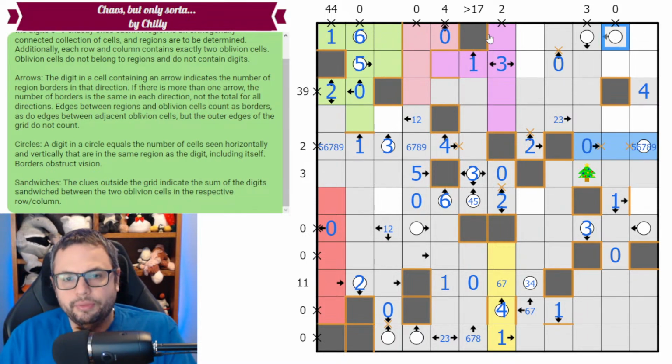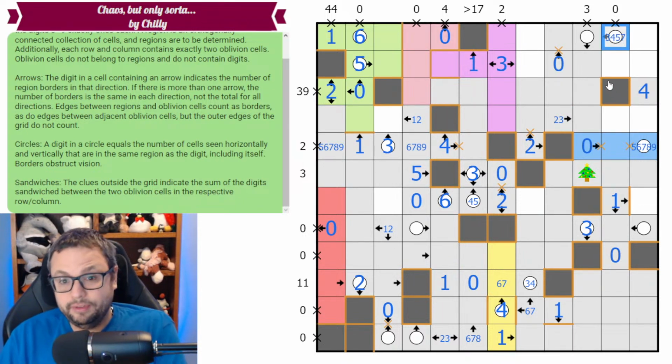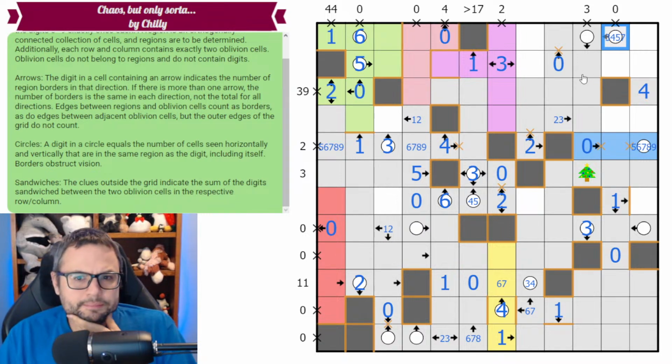It's 1, 2, 3. And so it's a maximum of 4, 5, 6, 7. And it's not a 6. So this is 3, 4, 5, or 7.